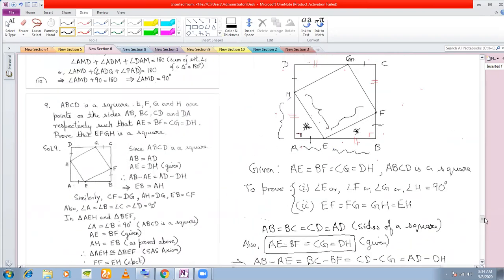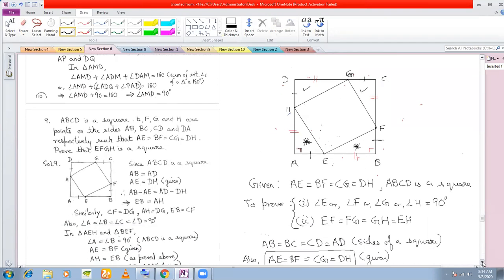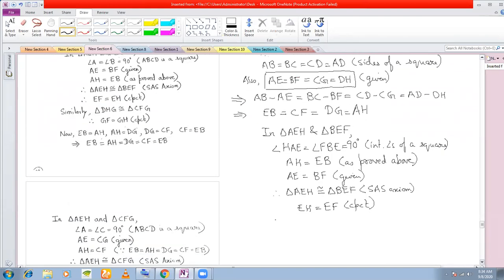Okay. Now, once I have shown that these two sides are equal, I can say that similarly, these two triangles are also congruent. Similarly, what are the triangles here?